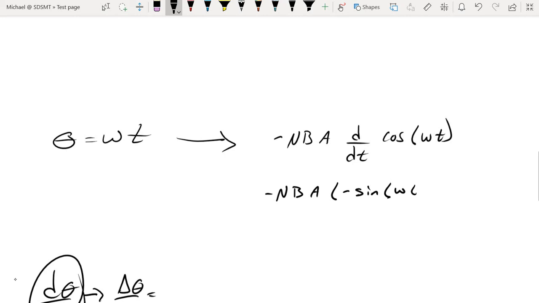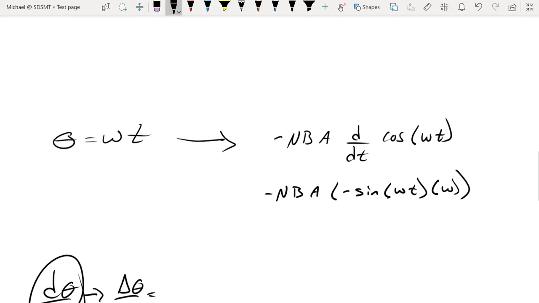We have sine of the parenthesis set. But now we have to follow through with the chain rule. So we start on the outside and we work our way in with the derivative. And so the next step in the chain rule is to take the derivative of what's inside the parenthesis. And if we do that, the derivative of omega t is omega.